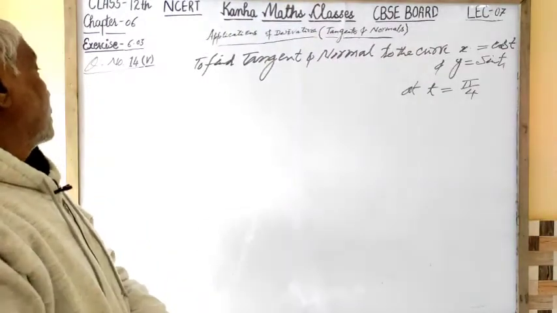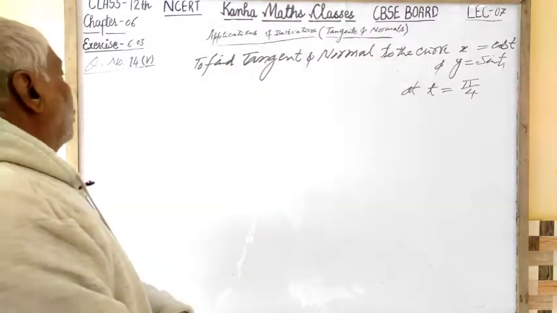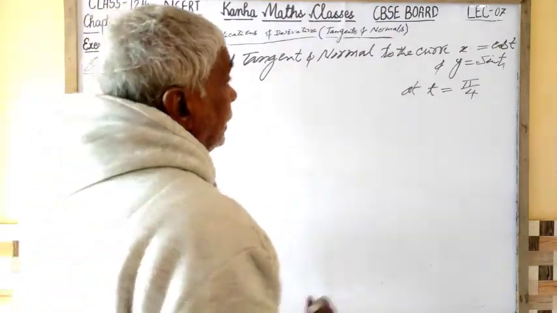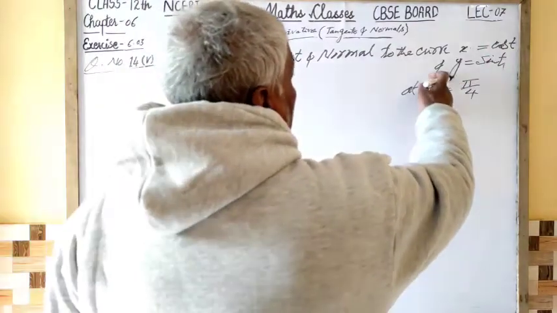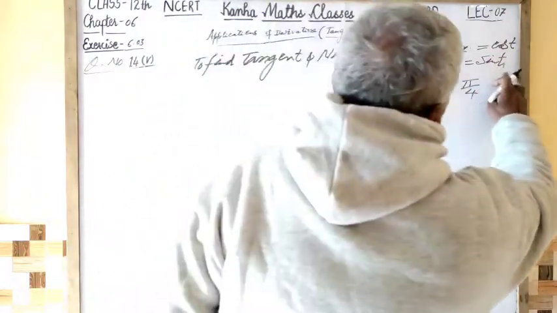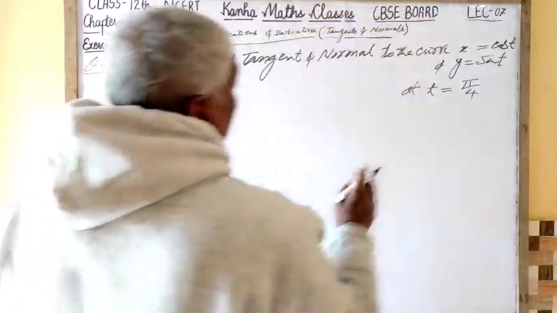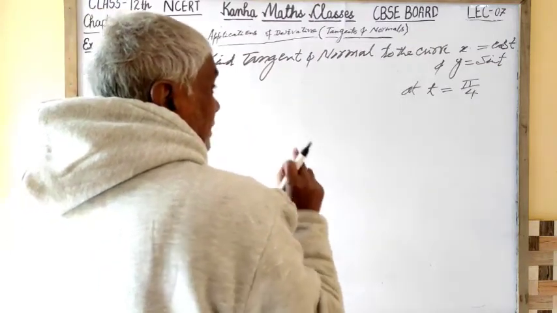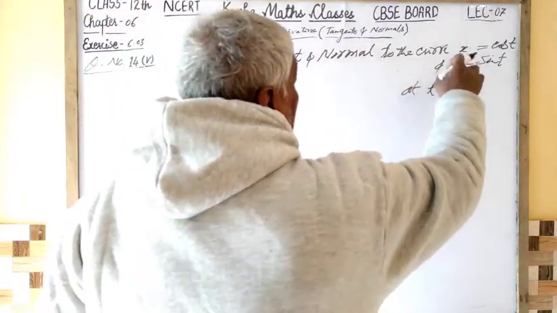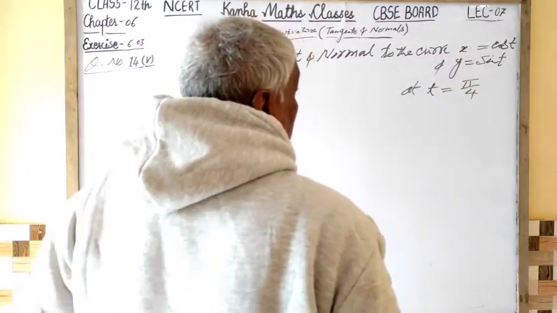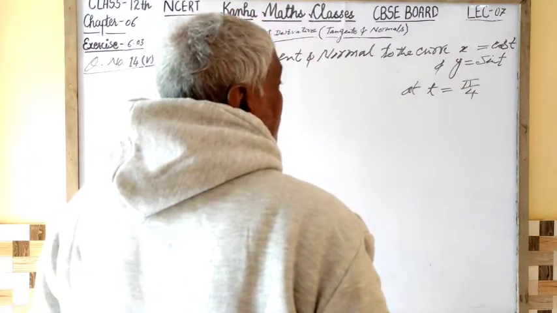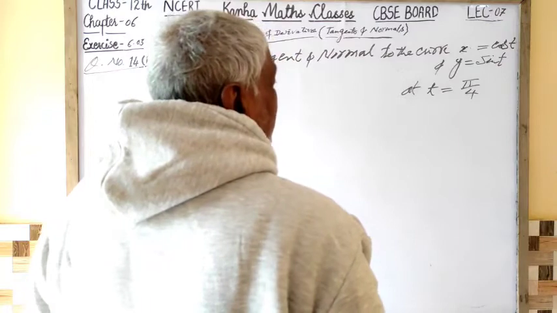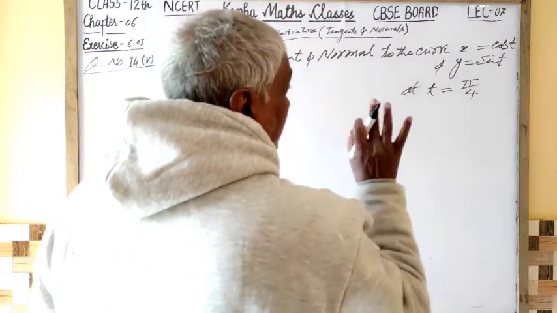Now the last part of question number 14, that is the 5th, you have to find the tangent and normal to the curve x is equal to cos t and y is equal to sin t. In order to find the slope of tangent and normal, we should differentiate the equations of the curve with respect to t, dx by dt and dy by dt, and ultimately find dy by dx.